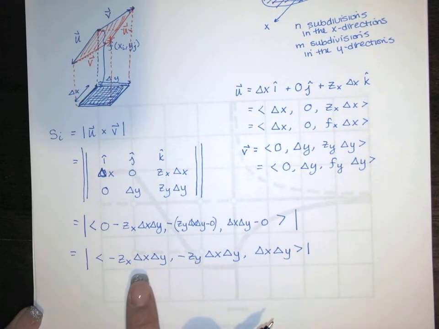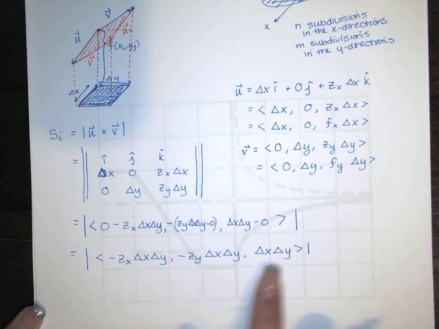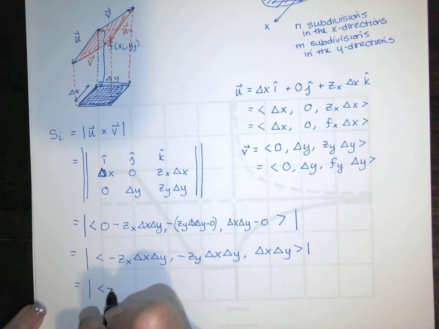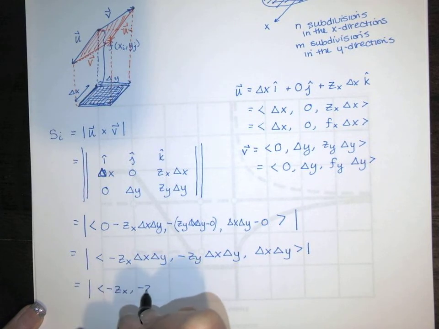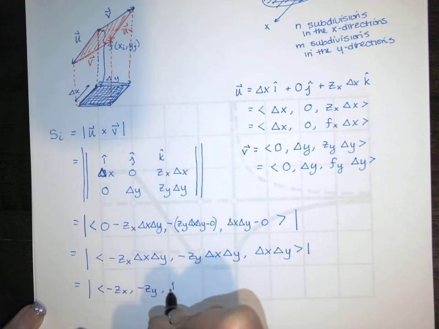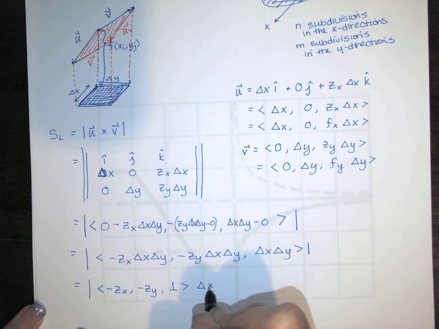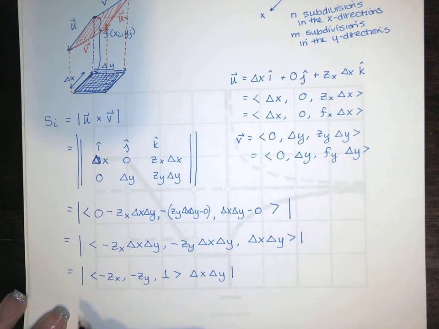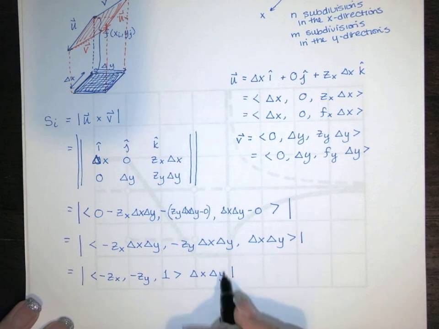And notice that we've got a scalar multiple of a vector. We can factor out that delta x times delta y. We see this. And the magnitude of a scalar times a vector is the absolute value of that scalar.